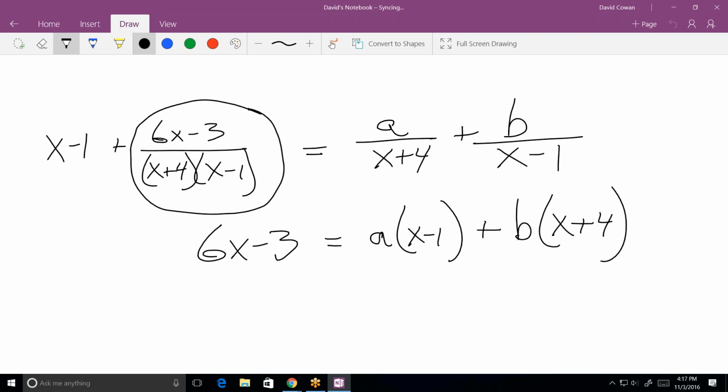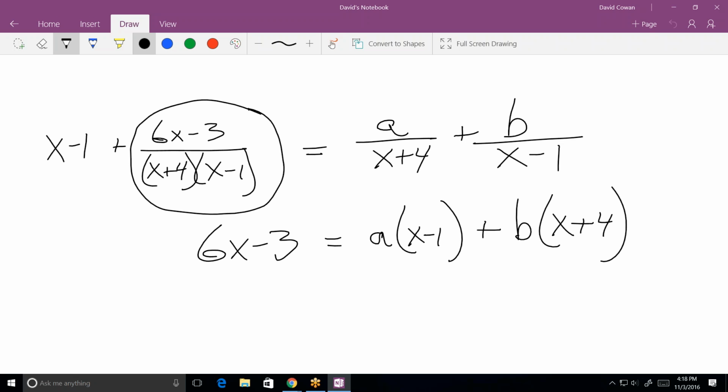Now we can use our little technique. So help me along here. Are we talking about the one where we do the zeros? Yeah, where you try to solve for A and B by letting x equal certain values.